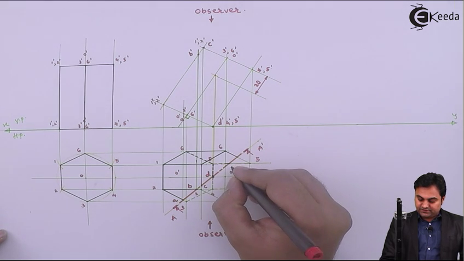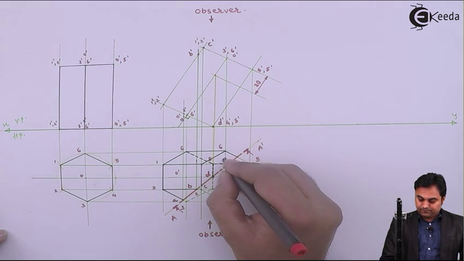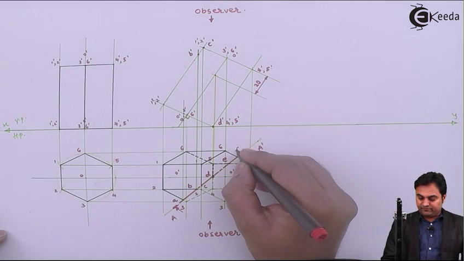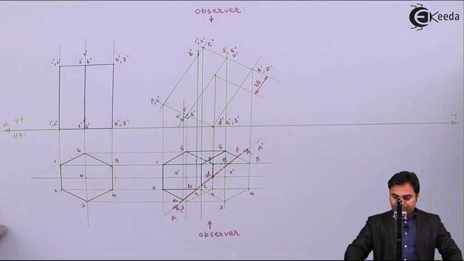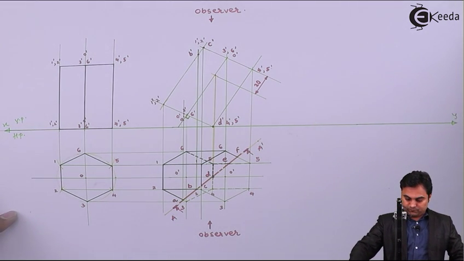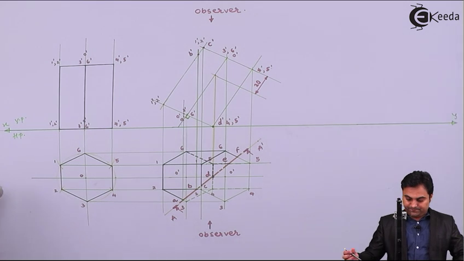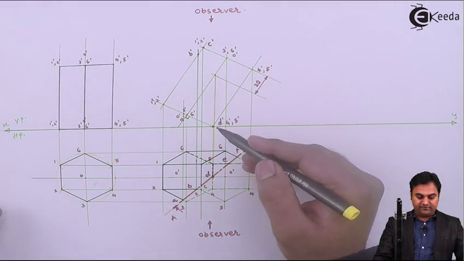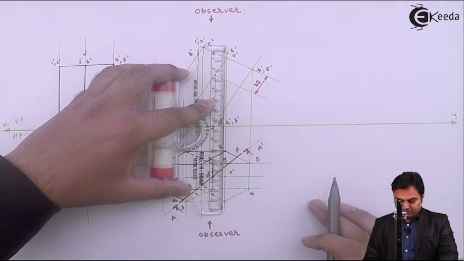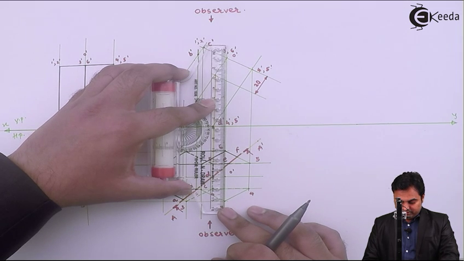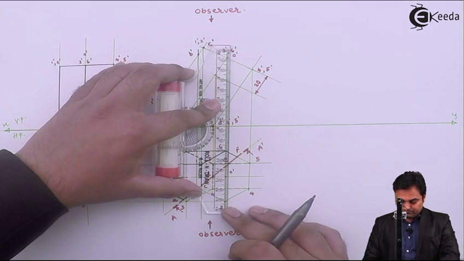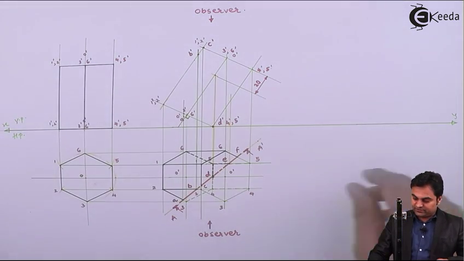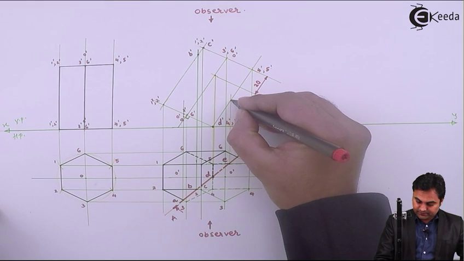I'll say that point is E, and then where it is cutting 5 to 6, that point is F. So now I'll plot it with the help of a light line, that is point E on edge 5 5. So here we have 5 dash 5 dash, it will be projected vertically upwards over that edge, which is 5 dash 5 dash. The point here is E dash.